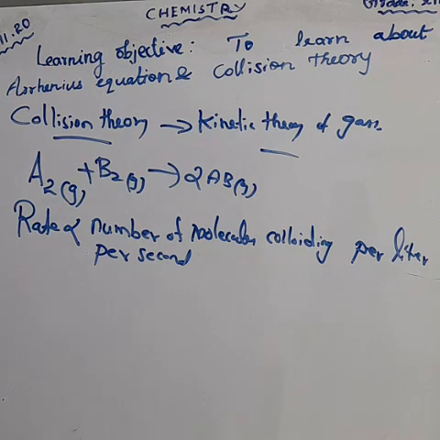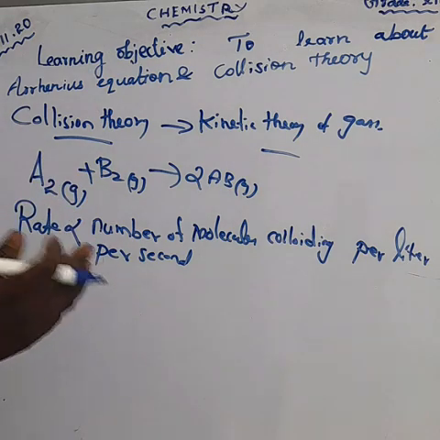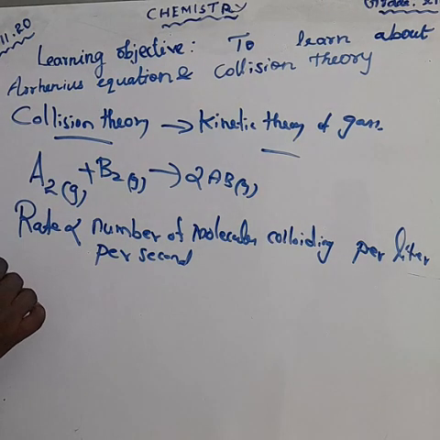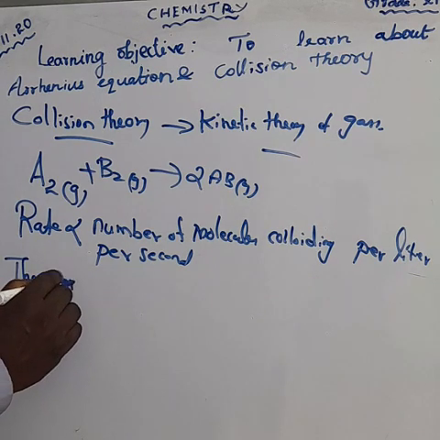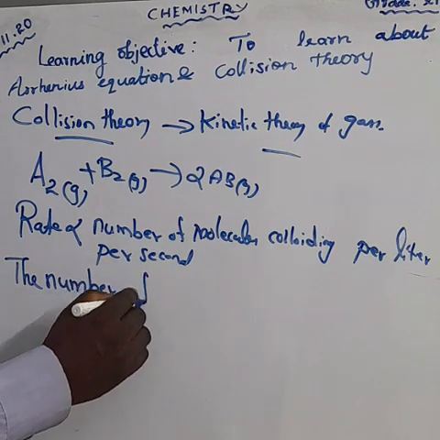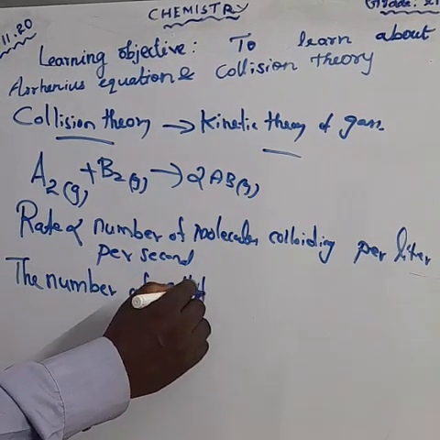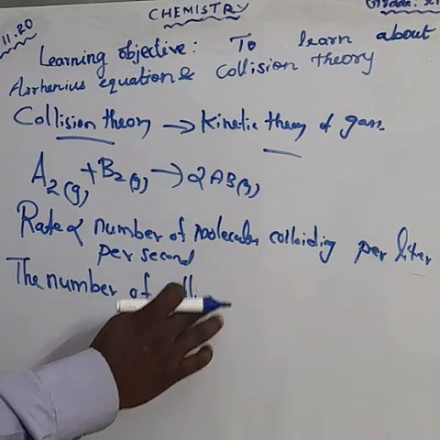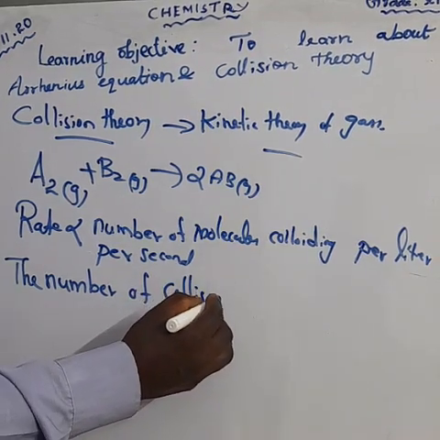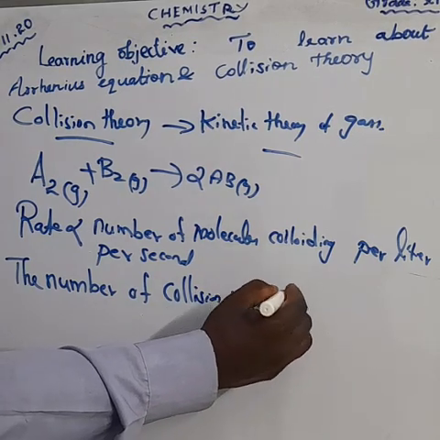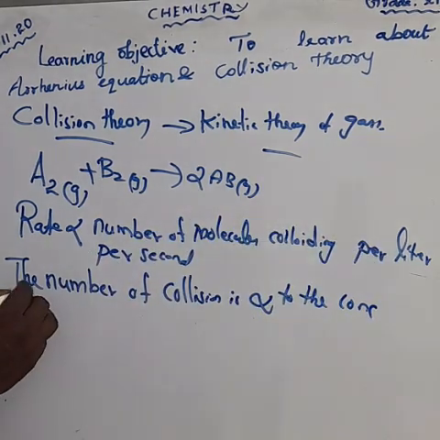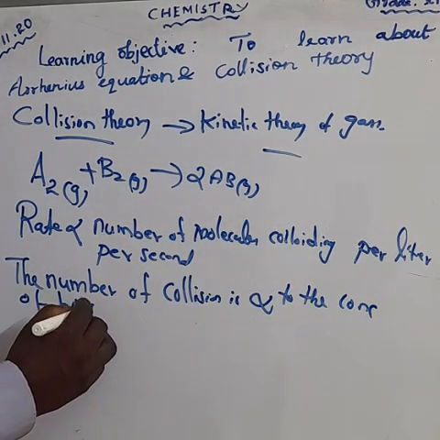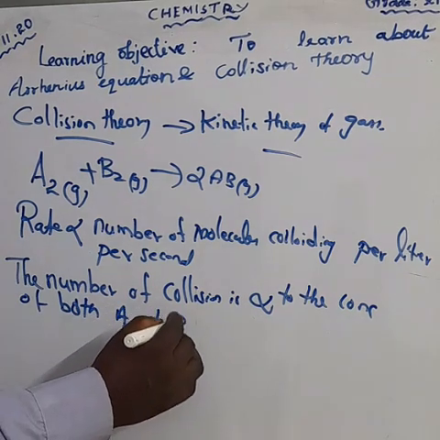Anyhow, you should write the collision rate formula. The number of collisions is directly proportional to the concentration of both A2 and B2. That you also have to write: the number of collisions is directly proportional to the concentration of both A2 and B2.